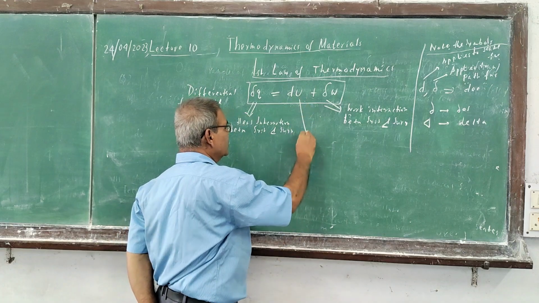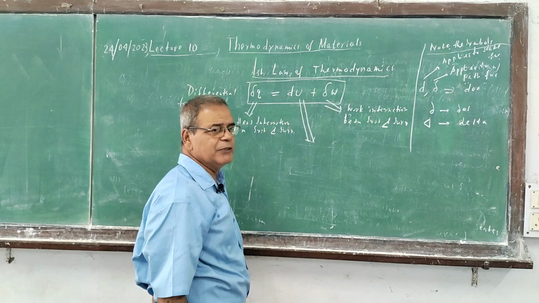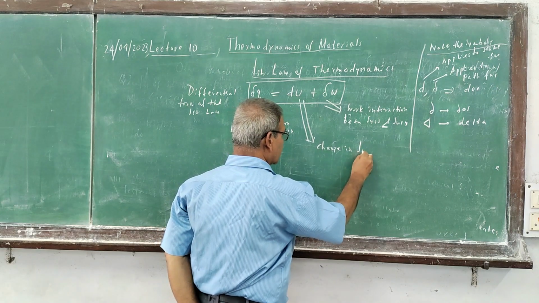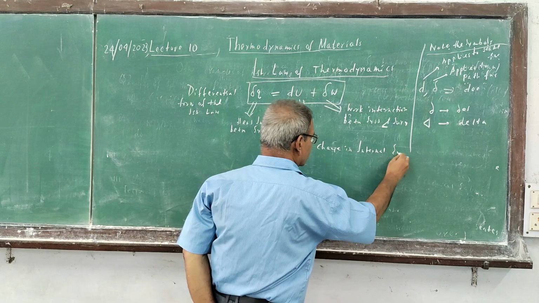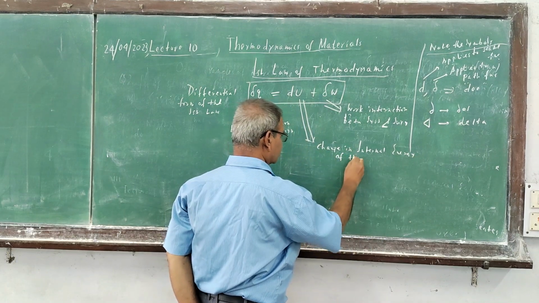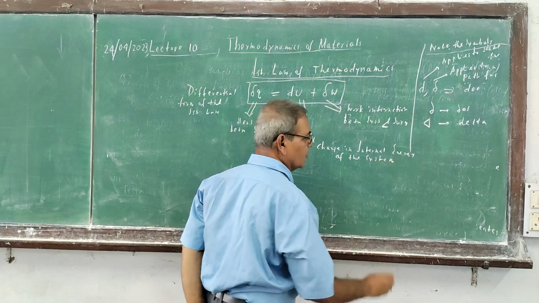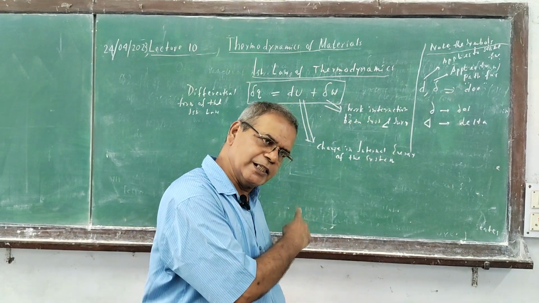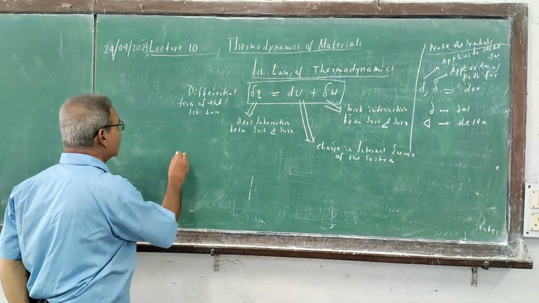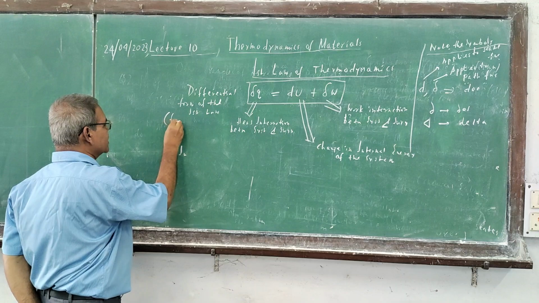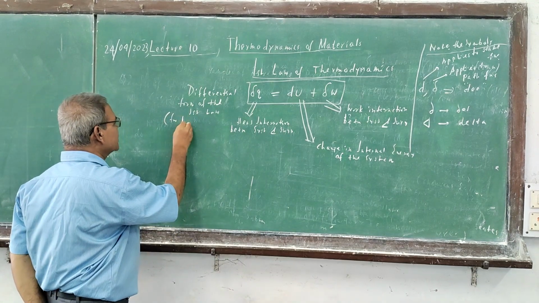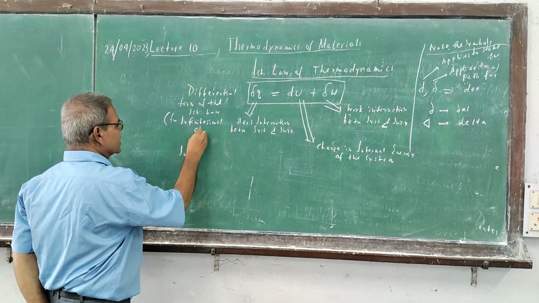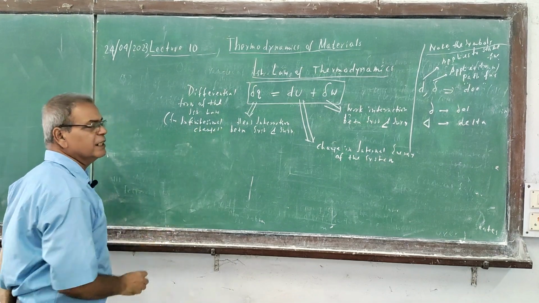What is this new entry? U is the internal energy, a new term: the internal energy of the system. du is the infinitesimal change in internal energy of the system. In addition to the differential form for infinitesimal changes, the integrated form is what?